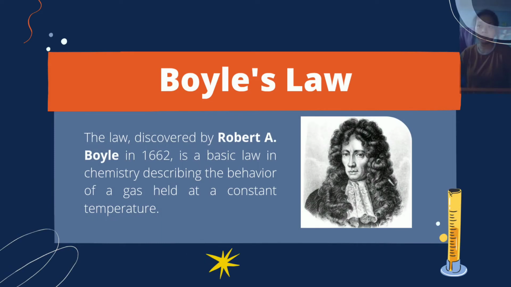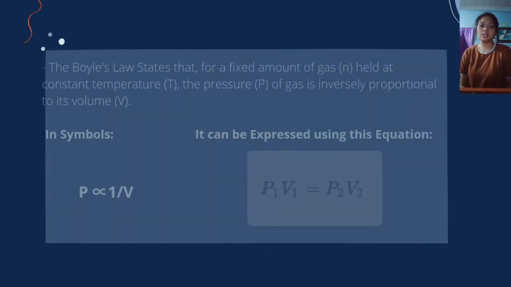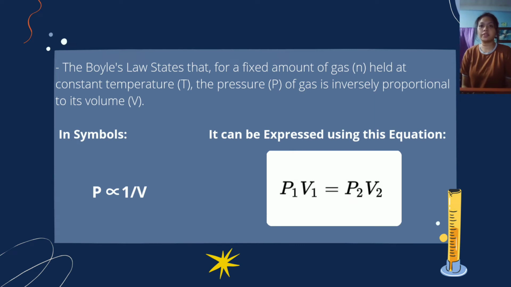Boyle's law. The law discovered by Robert A. Boyle in 1662 is a basic law in chemistry describing the behavior of a gas held at a constant temperature. Boyle's law states that for a fixed amount of gas held at constant temperature, the pressure of the gas is inversely proportional to its volume.